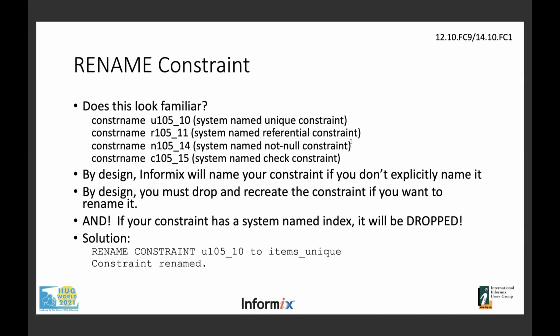But these had like a U for unique, R for referential, N for not null, and C for check constraint. And of course, in all four of those cases, it would be nice to have something a little bit more meaningful, that maybe had your table name in it and maybe the type of constraint that it is. So starting with those two versions, you could now just rename them with a SQL statement that was instantaneous.